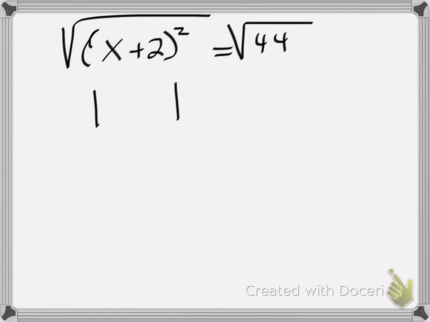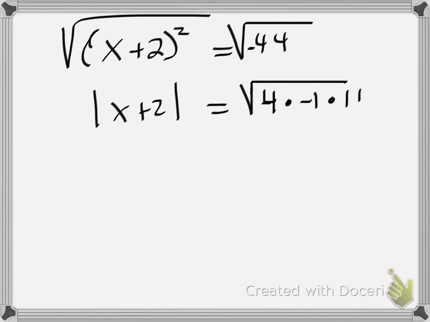Okay, I get the absolute value of x plus 2 equals, oh, sorry, I should have made that a negative, right? Pretend that's a negative. Okay, sorry. So now we're doing negative 44. I'll first do my perfect squares: 4 times -1 times 11. You with me? The square root of 4 is 2i, and then we have radical 11 equals x plus 2.